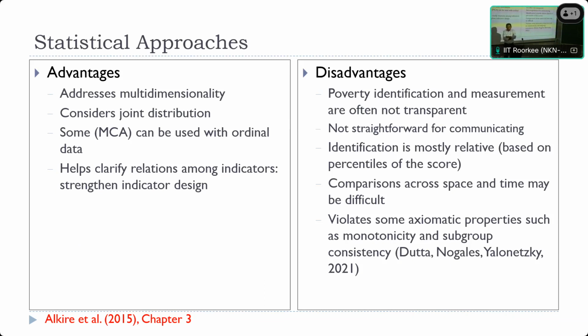Suppose you are constructing these using multiple correspondence analysis or PCA, and suppose you have 120 datasets for different countries. You are running the PCA or MCA for every country separately, right? You will get a completely different set of weights, different set of vectors. How do you compare them? Or suppose you compare between 2000 and 2010.